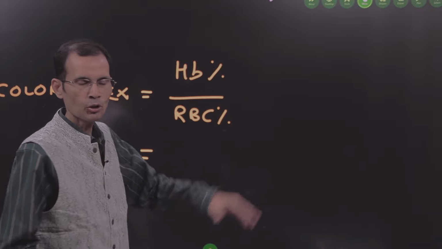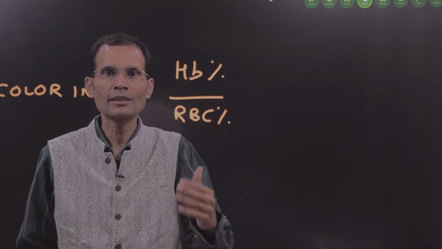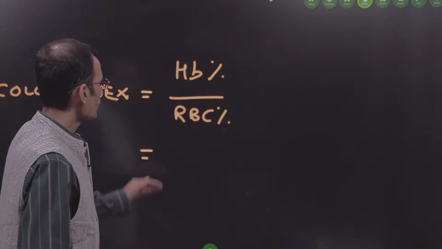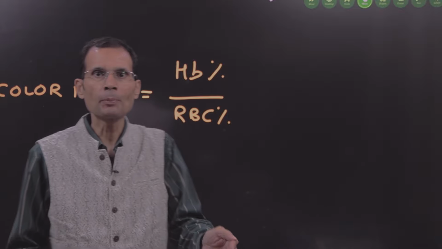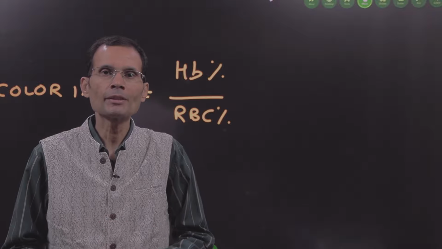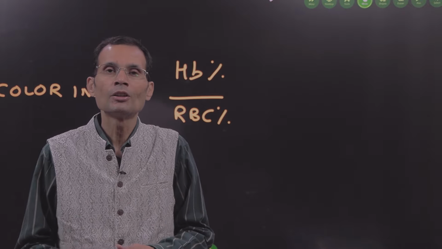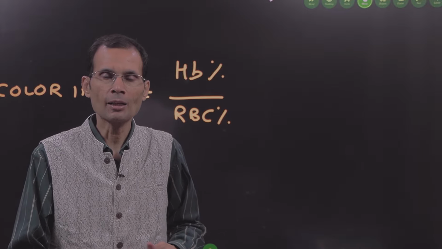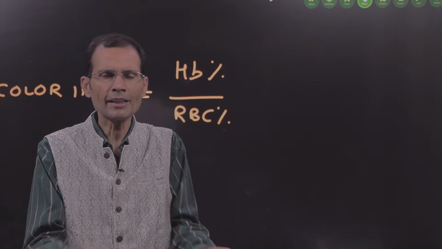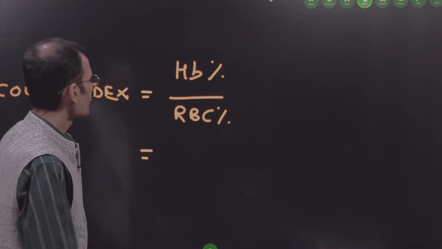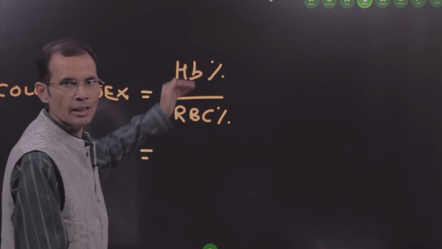So if the patient's hemoglobin is 12 grams, how much is it in percentage terms? Similarly, 5 million RBCs is taken as 100% RBC count. So if somebody has 4 million RBCs, then it is 80% RBC count. So it's about the percent upon percent.